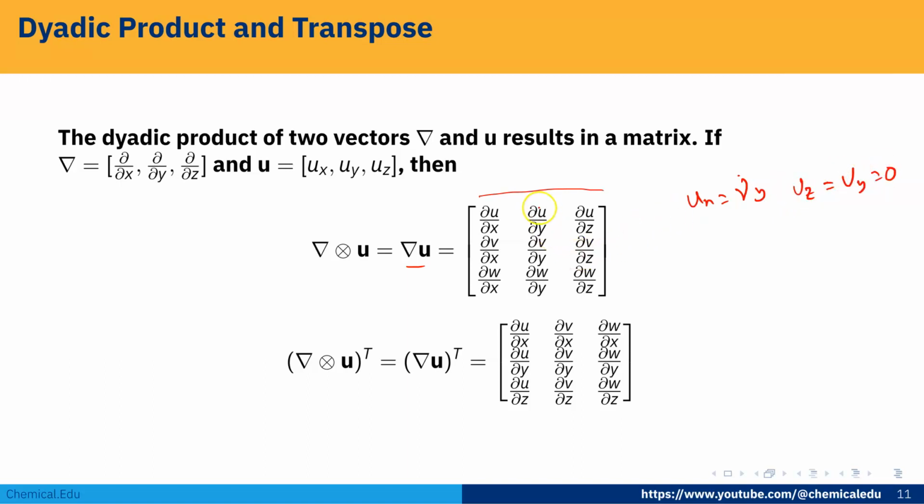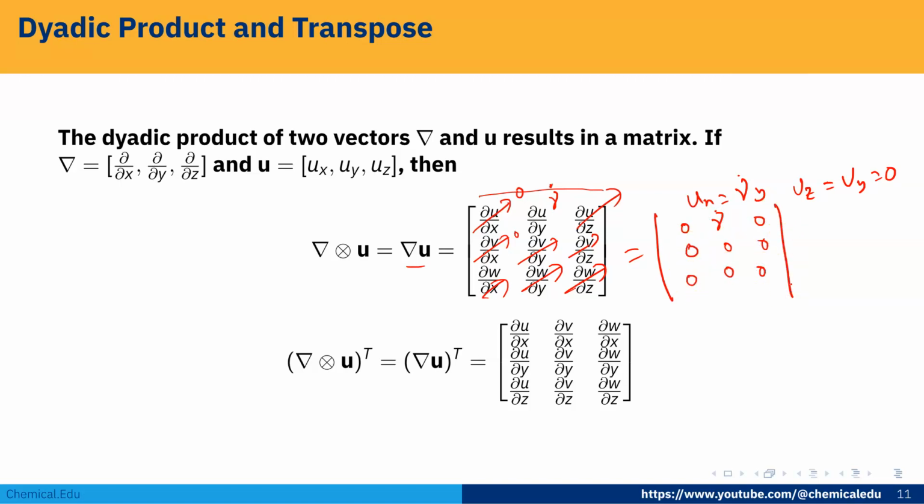Now here we know that ux is nothing but gamma dot y, and uz and uy are equal to 0. So ux is only a function of y. So this term will be 0, this term will be 0, and this is nothing but gamma dot, and all the other terms will be 0. So that tensor will be 0 gamma dot 0, 0 0 0, 0 0 0.